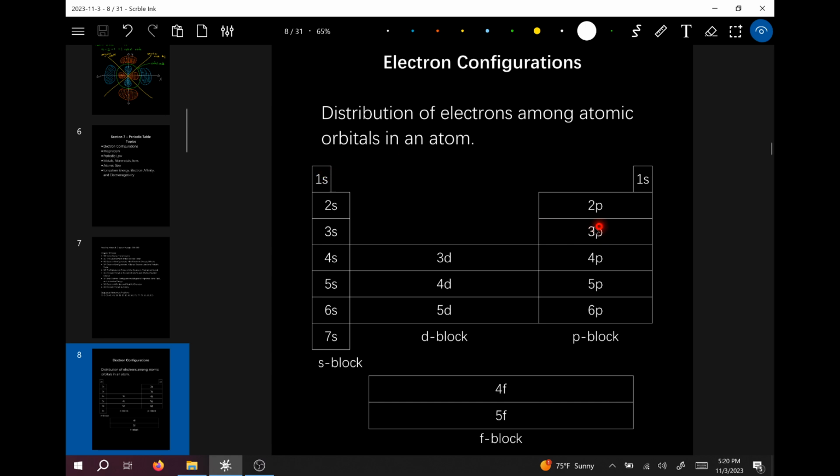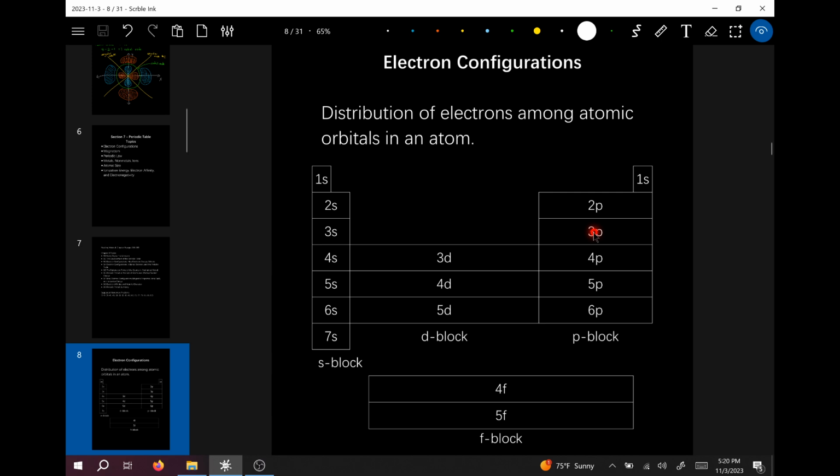So if I'm looking at my periodic table on my wall here, phosphorus is down here. Phosphorus has 3p orbitals, but it also has 3s orbitals, 2p orbitals, 2s orbitals, and a 1s orbital. So all of those orbitals, all the way up to the location of phosphorus on the periodic table, are going to have electrons in them.